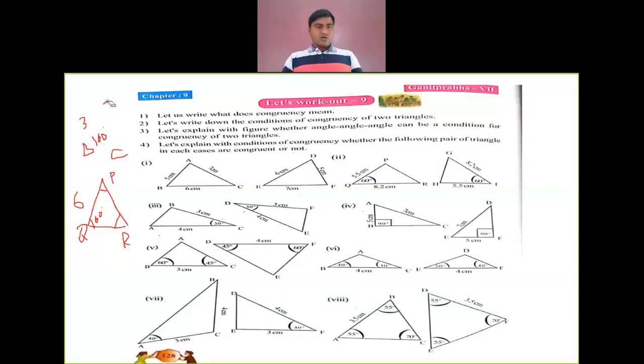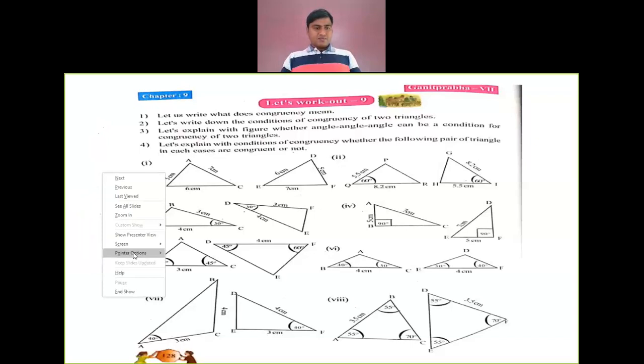Now question number 4. Let us explain with the conditions of congruency whether the following pairs of triangles in each case are congruent or not. Now for 1, this is triangle ABC and triangle DEF. In triangle ABC, AB equals 5 centimeter. In triangle DEF, DF equals 5 centimeter.